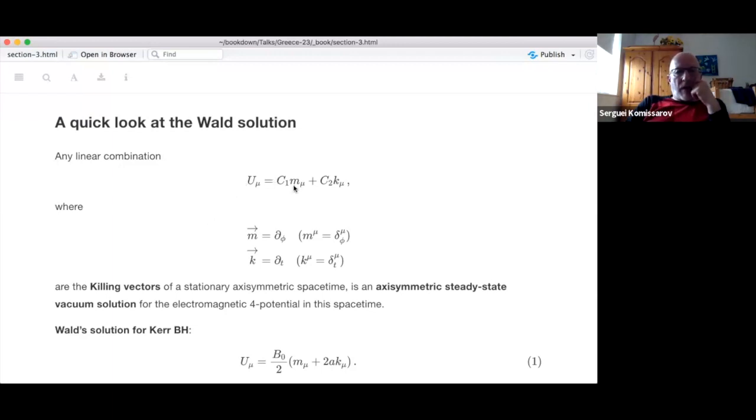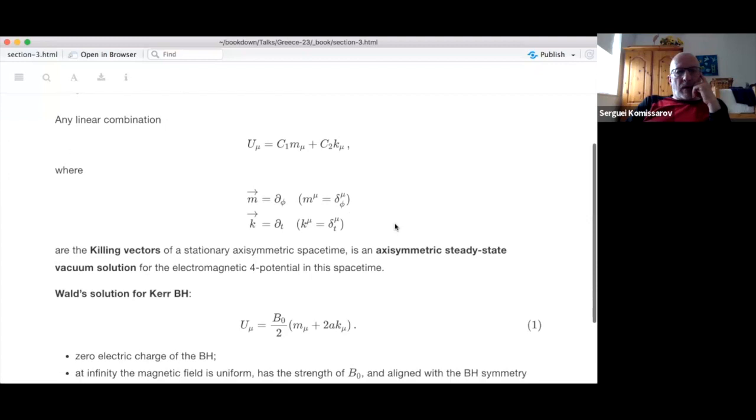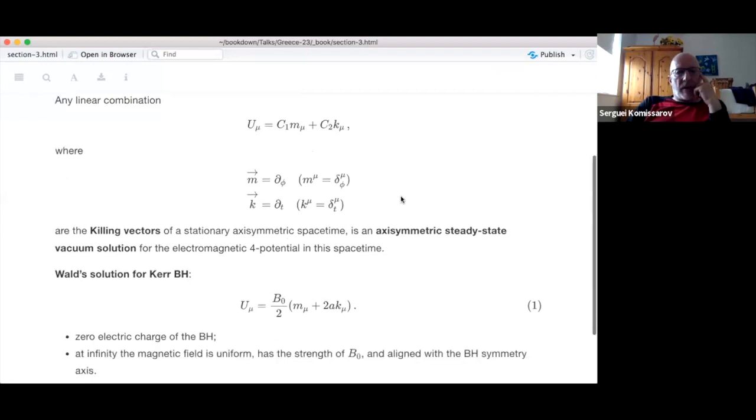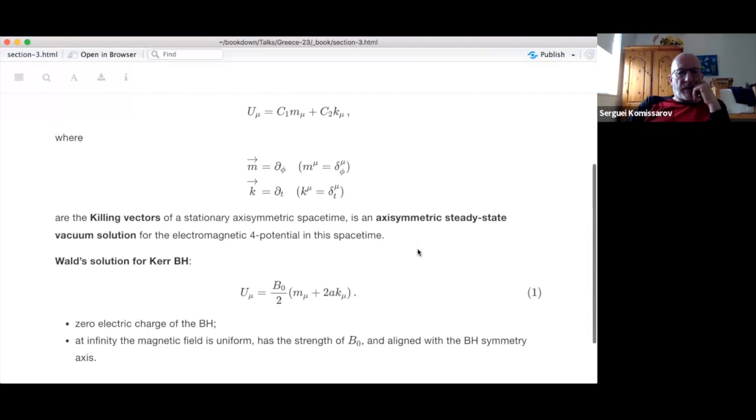Here M is the azimuthal Killing vector and K is the time Killing vector. Those are vectors related to the two symmetries of a rotating black hole: symmetry with respect to time and symmetry with respect to azimuthal angle. So if we introduce this potential, then it will satisfy the equations of electrodynamics.